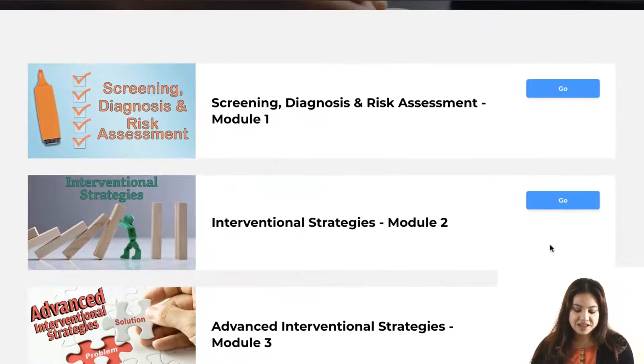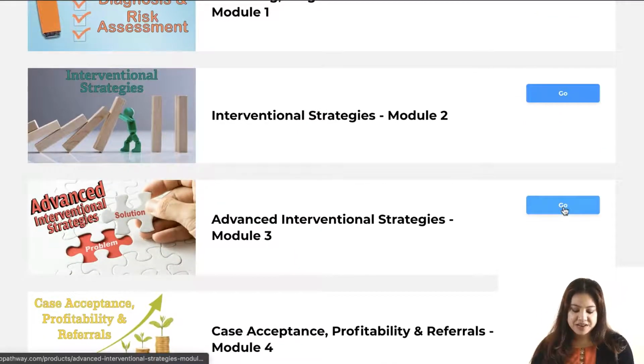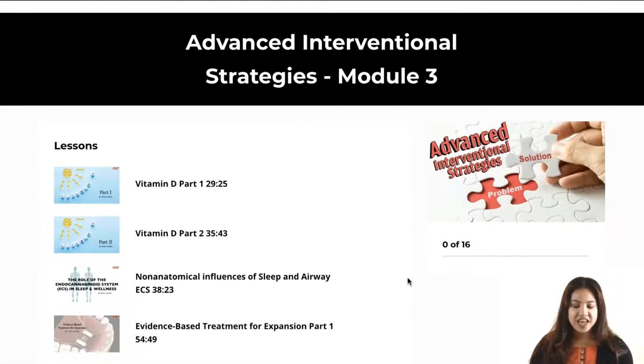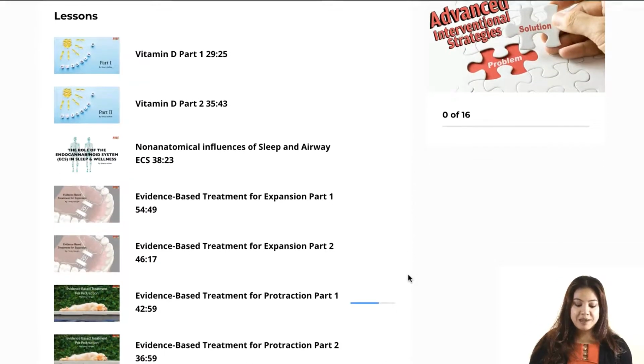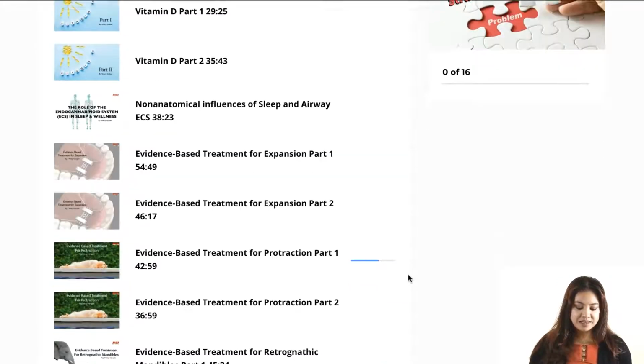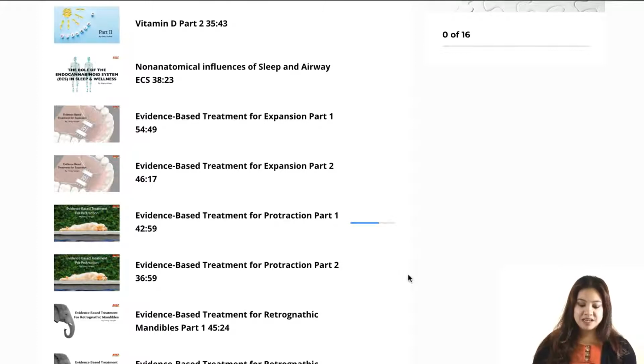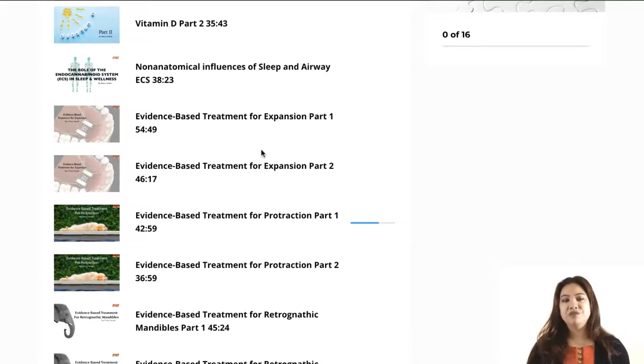Now going back into the library, going into Advanced Interventional Strategies, here we go into the non-anatomical considerations for pediatric airway issues, vitamin D, the endocannabinoid system, evidence-based treatment for expansion and protraction. So here we're going over literature.